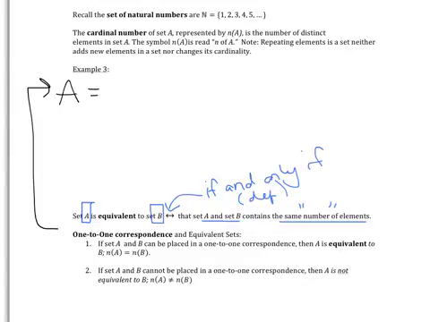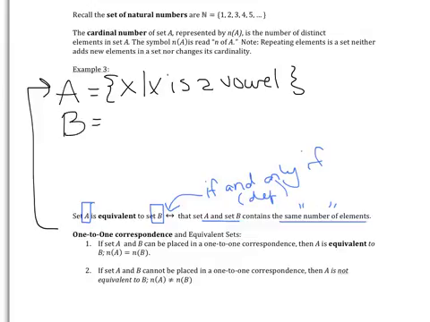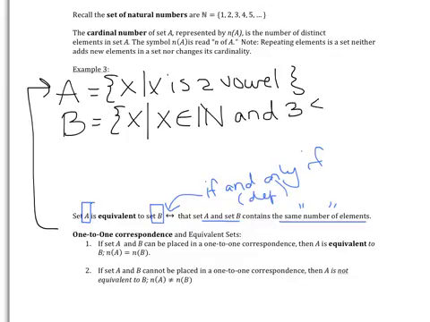Set A is going to be, and I'll write it in set builder notation because this is good practice, the set of X such that X is a vowel, and set B is the set of all X such that X is an element of the natural numbers, and we have this inequality.